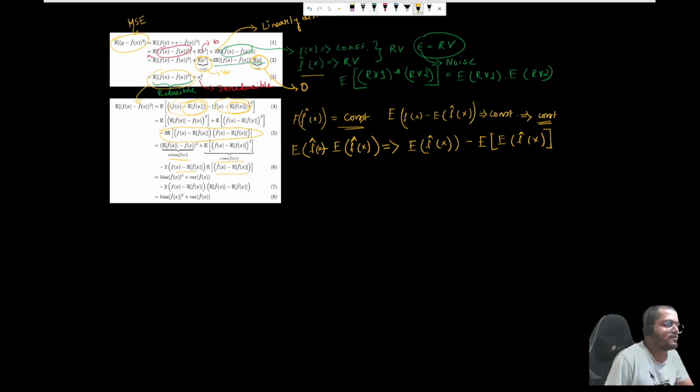If you think carefully, this whole term is a constant, right? Applying expectation to any constant equals the constant. So this whole equation I can write as E of f hat x minus E of f hat x, right?